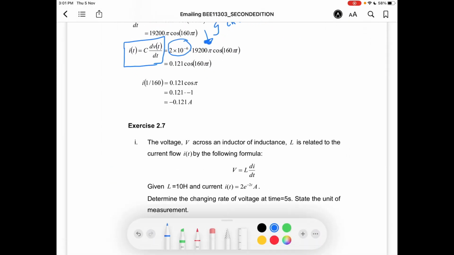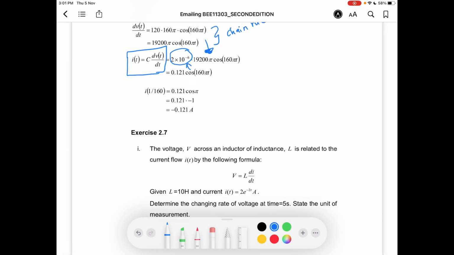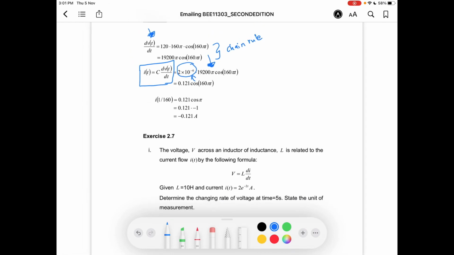So you can see here, carefully times up, and you should be able to obtain this final current. This is IT.